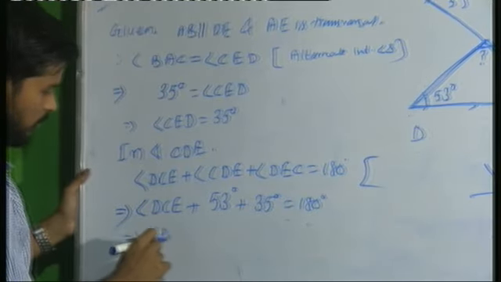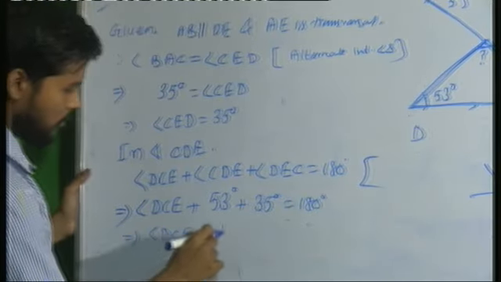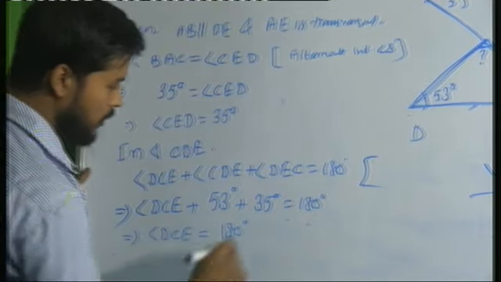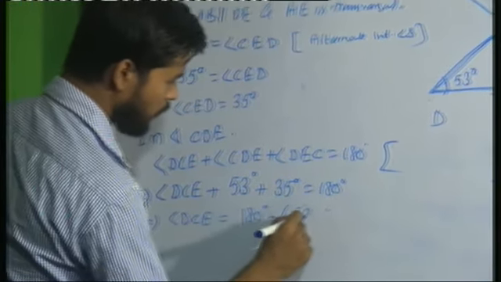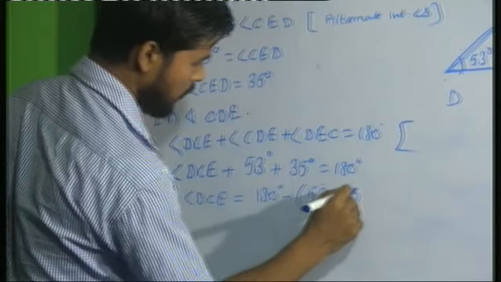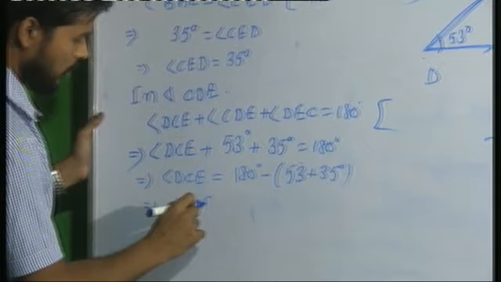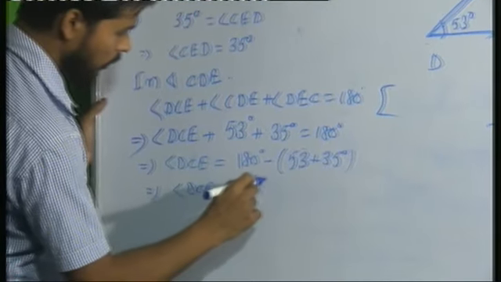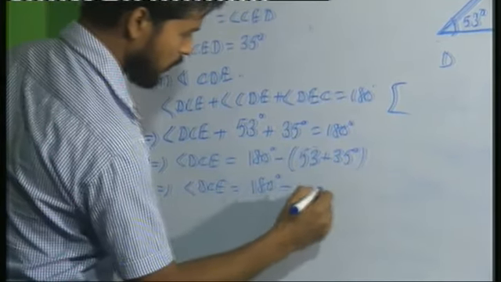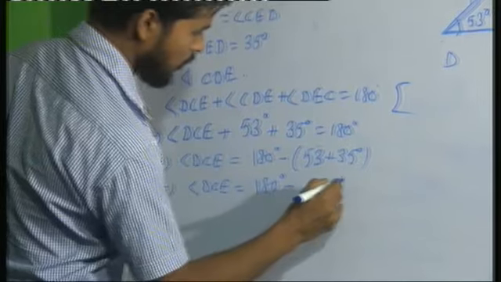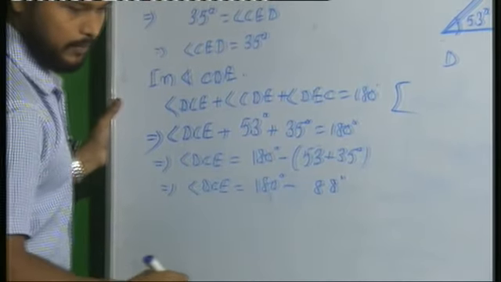That means angle DCE is equal to 180 degrees minus (53 plus 35) degrees. So angle DCE is equal to 180 degrees minus 88 degrees.